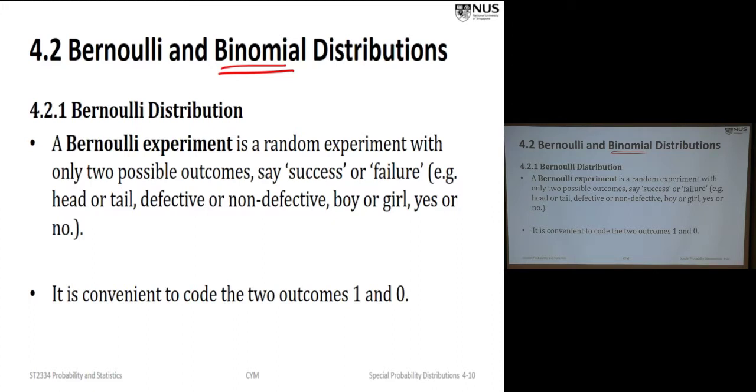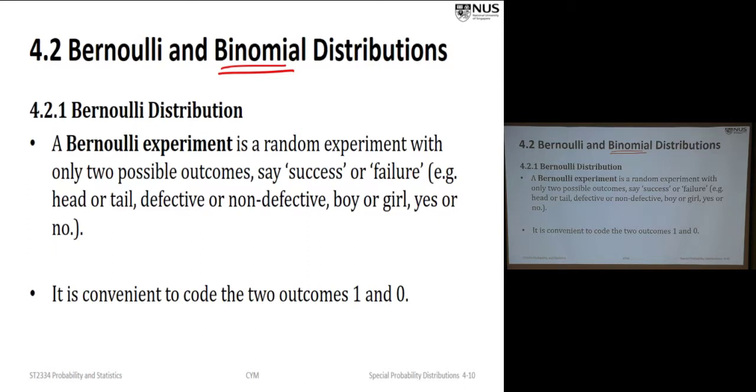So we call this process a dichotomized process. Toss a die, we have 6 outcomes. But then I can dichotomize it as getting a 1, and then the rest, which are non-ones. Or getting odd numbers as one event, and even numbers as a failure.